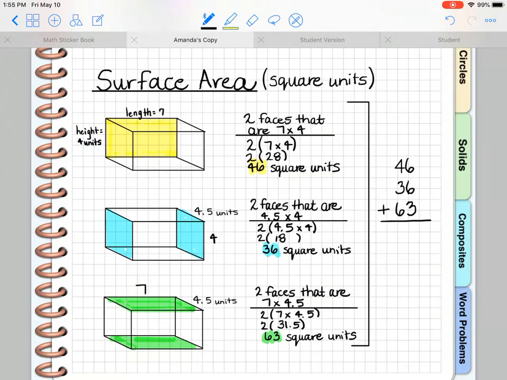So I take those 3 sub areas, and I'm not even going to risk it. I'm going to use the calculator. I cannot do math in my head. I have a learning disability, so I don't see things the way I should in my mind. Let me double check to be sure. Yes, so 145 square units total.